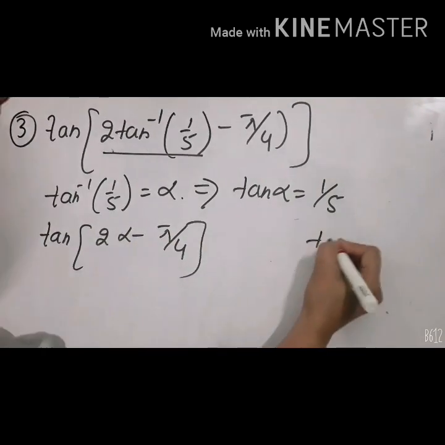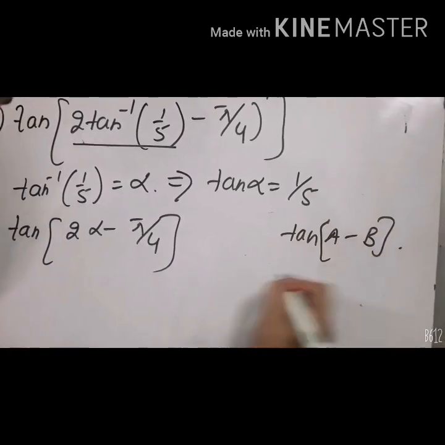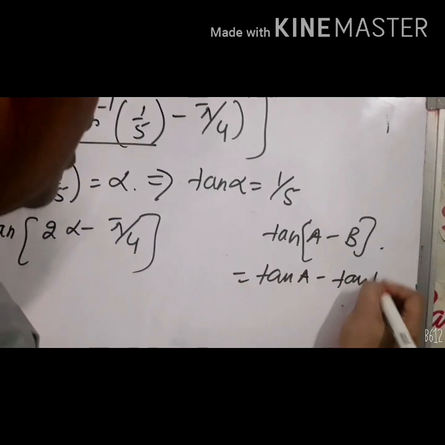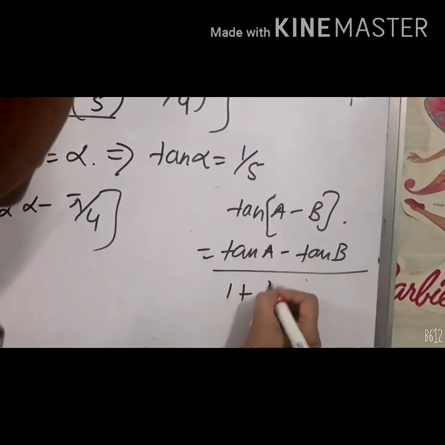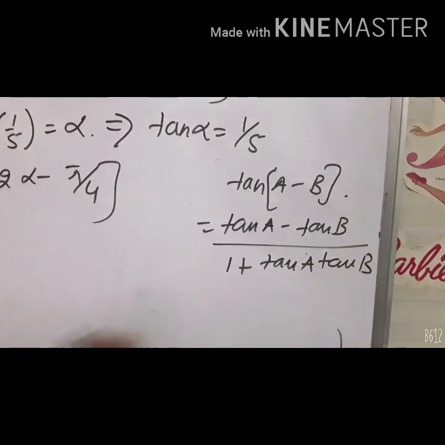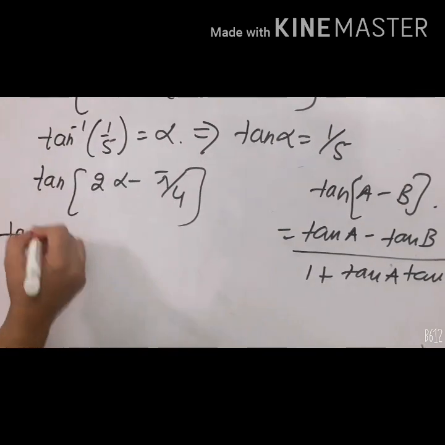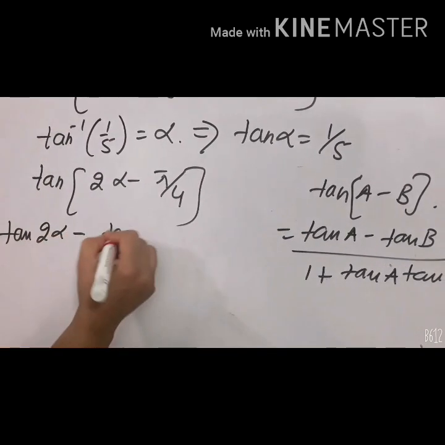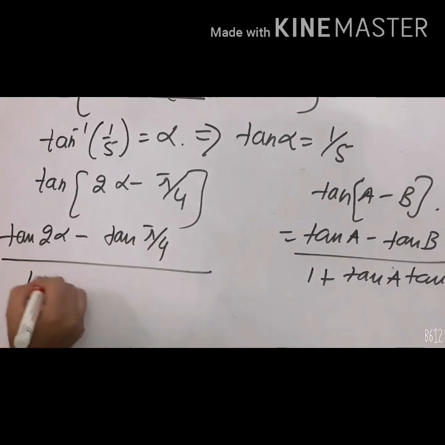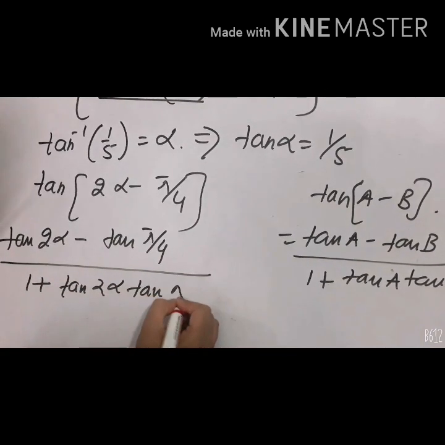We know the formula of tan(A − B), that becomes (tan A − tan B)/(1 + tan A tan B). Fine. I will use that formula here. So it becomes (tan 2alpha − tan π/4)/(1 + tan 2alpha tan π/4).